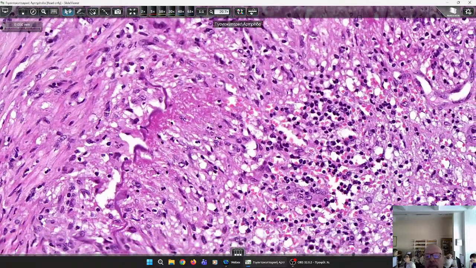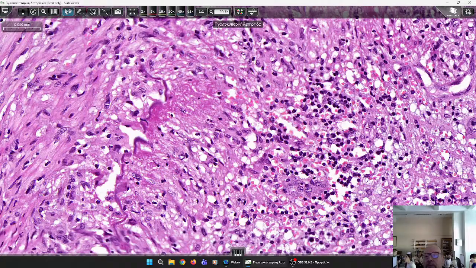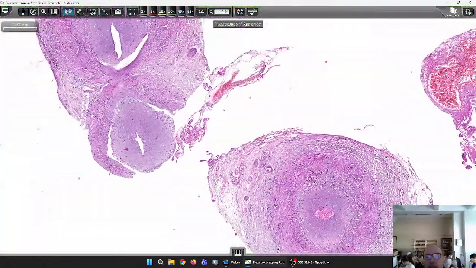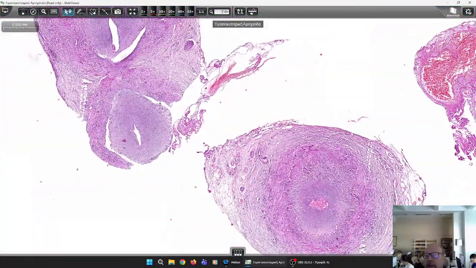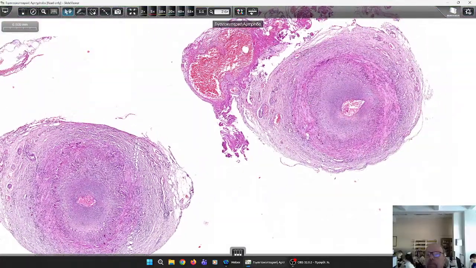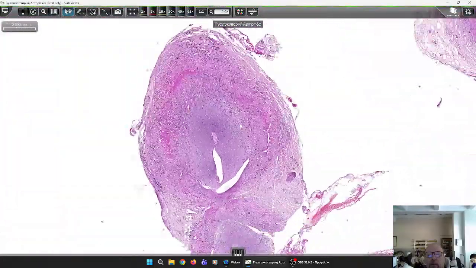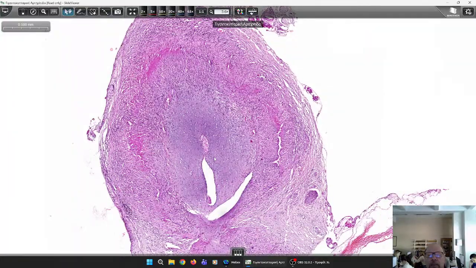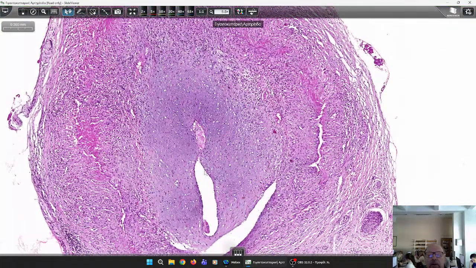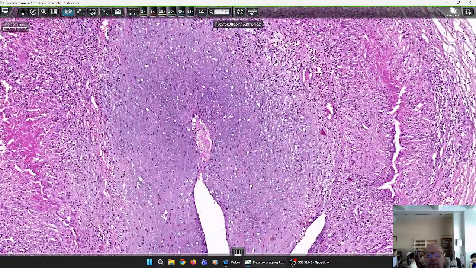You see the lymphocytes, the main factors of inflammation, of immune inflammation, and furthermore, what do you see here? You see that the lumen is greatly narrowed.